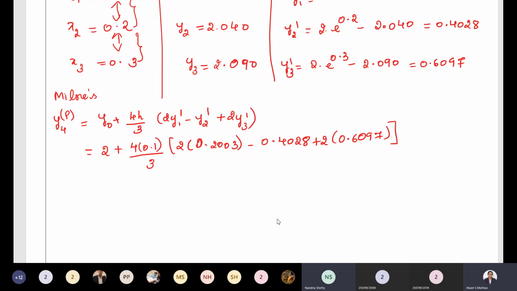Okay. Anybody, any other answer? 2.1622, 2.1623.